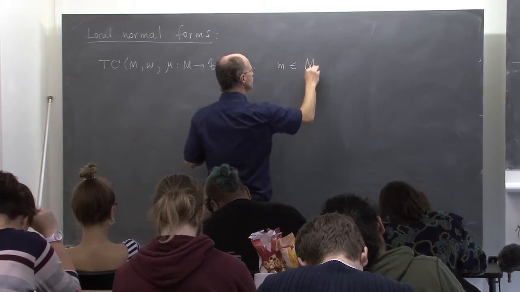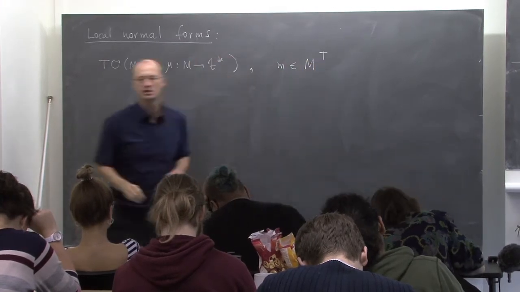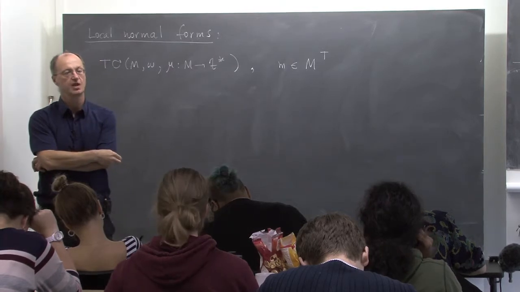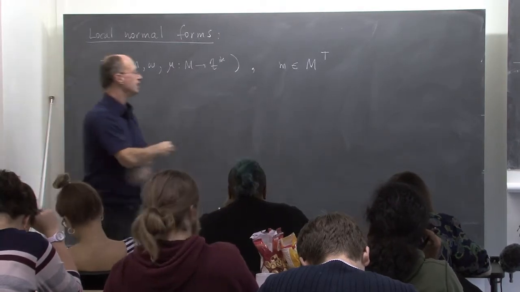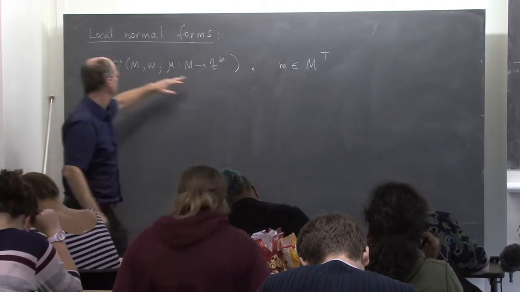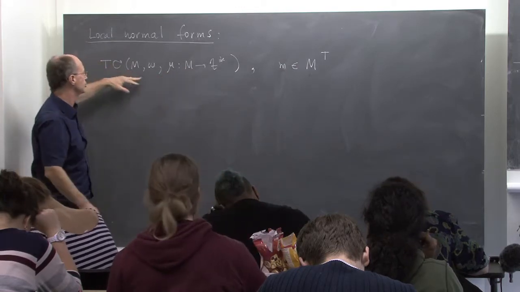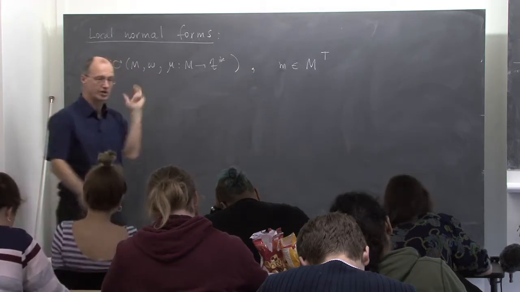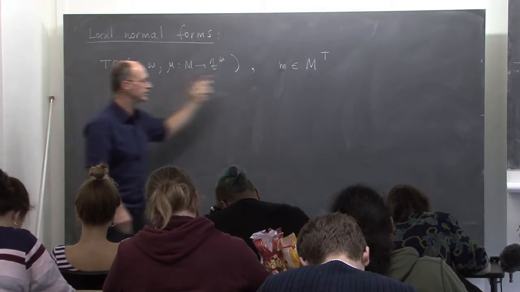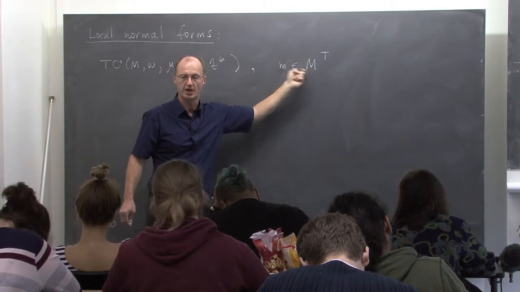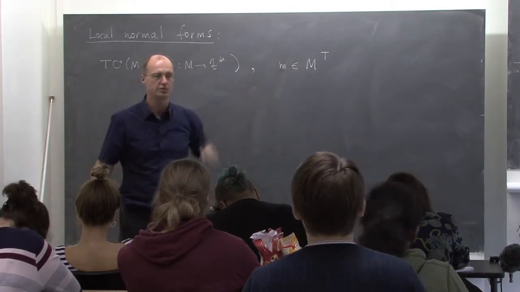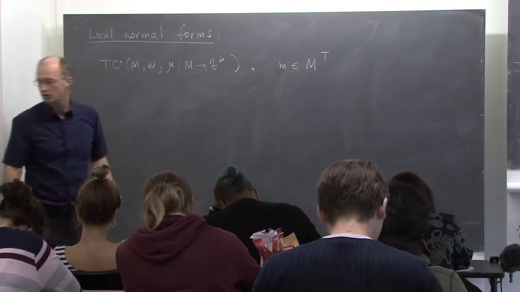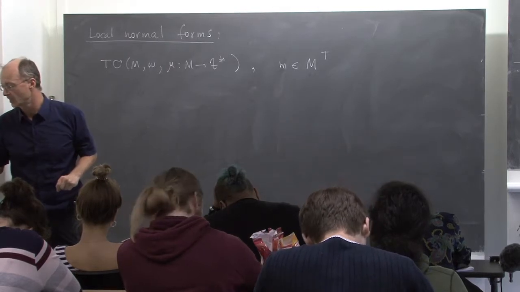So I'll first take a point m of the fixed point set, M^T. And I would like to know how these structures, the symplectic structure and the moment map and the action, right? I now have 3 ingredients, how they look like near this point. I would like to build some kind of local normal form for that.